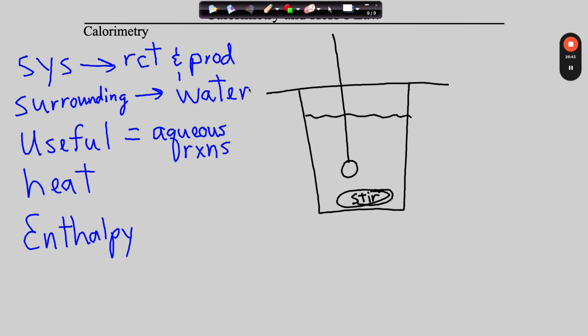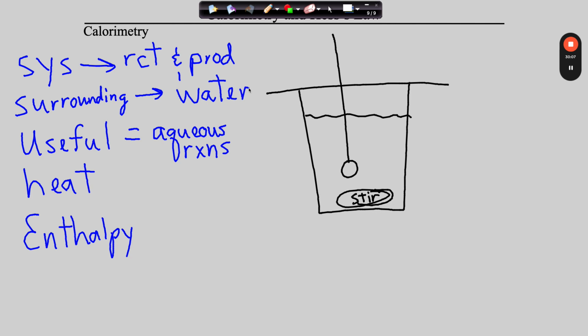So, guys, let's now talk about heat. And let's just tell you right now, the reactions that we're going to study on Friday are both exothermic. So acid-base neutralization reactions tend to be exothermic. So guys, let that sink into your mental picture a little bit. Our system are the reactants and products, the acid bases and the salt solutions, the products.